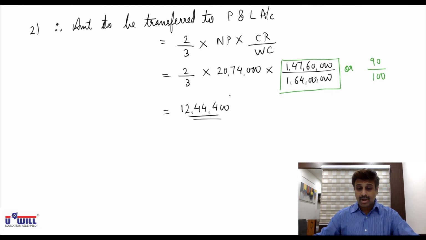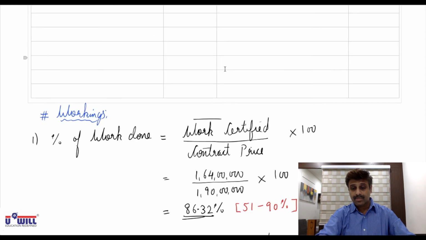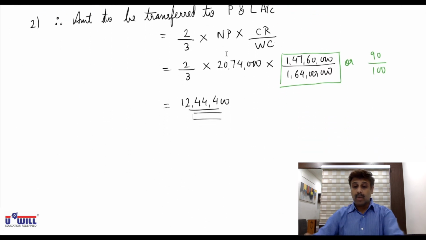Or even if you do it in your calculator, check it up everyone. With the big figures, 2 by 3 into 20 lakh 74,000 into 1 crore 47 lakh 60,000 divided by 1 crore 64 lakhs, then also you'll get the same answer.